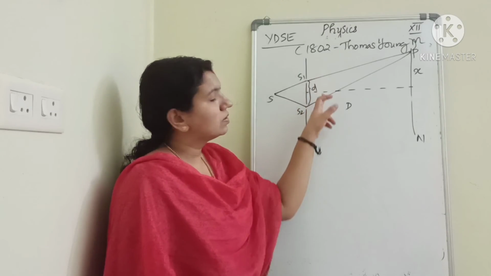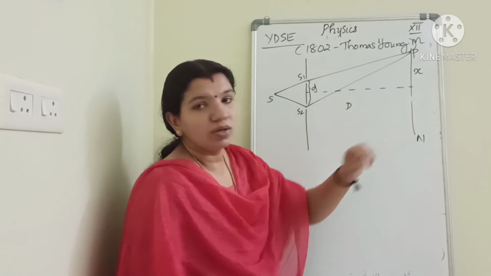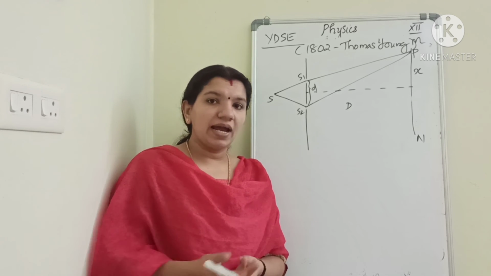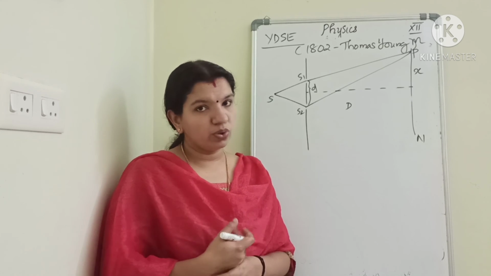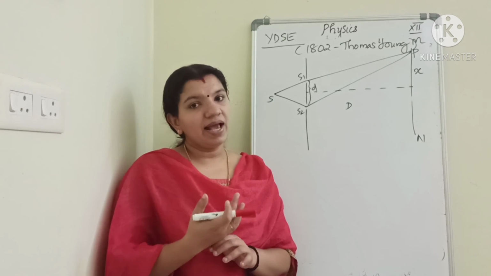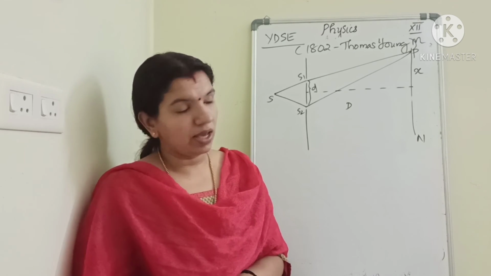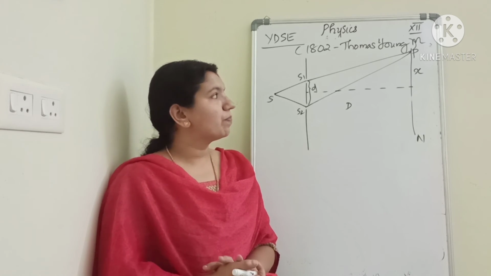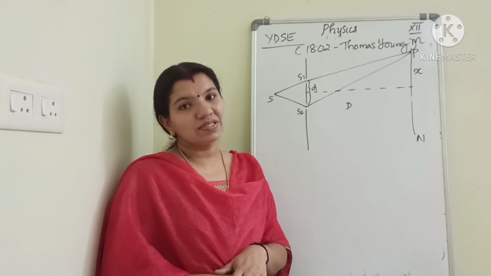So they will superpose on each other, and a point P is noted on the screen, where sometimes you get a bright point, otherwise it will be a dark point. We don't know that. So we have already studied the conditions. With that we will move on. Okay. So this is the construction for Young's double slit experiment.